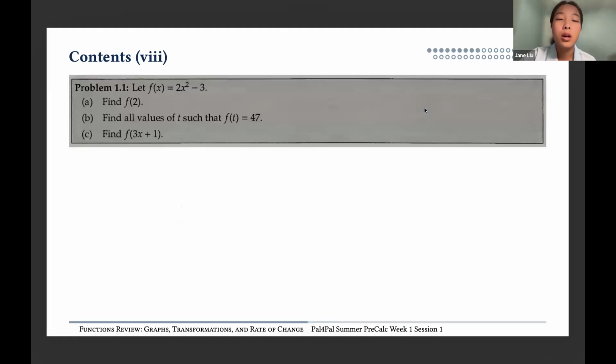Great. So an example problem is a function f of x equals 2x squared minus 3. If you want to try, you can try part A and type the answer in the chat.